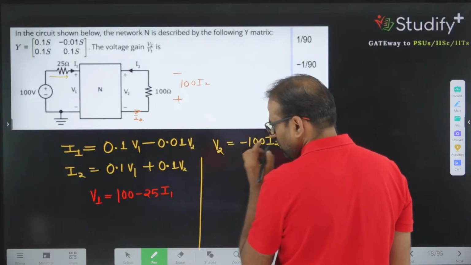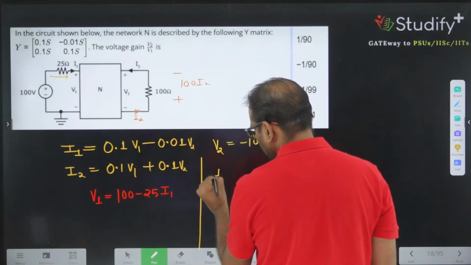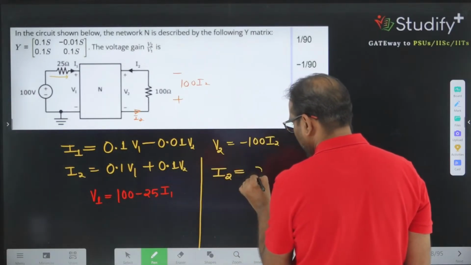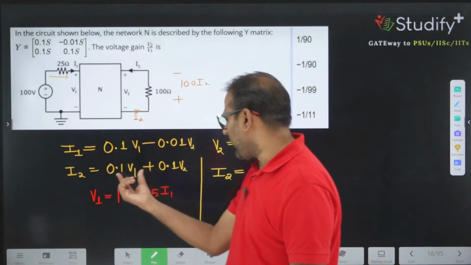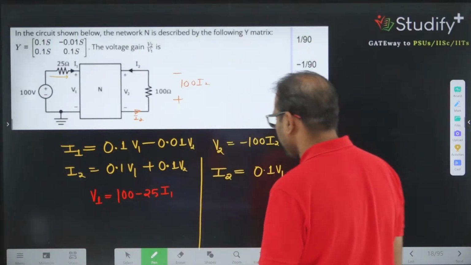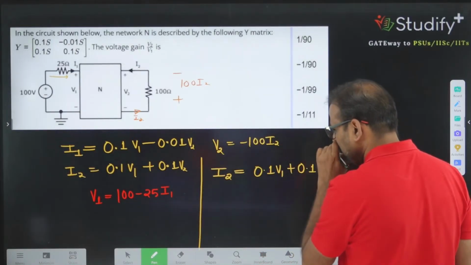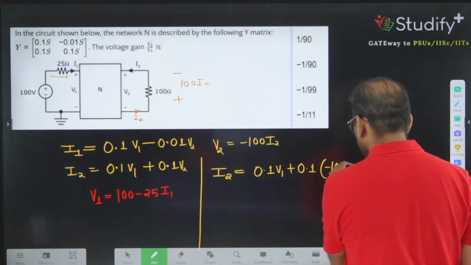I2 equals 0.1 V1 plus 0.1 into minus 100 times I2.